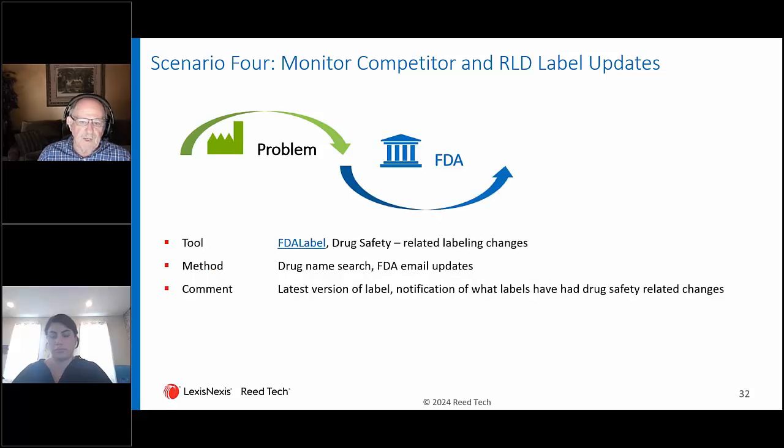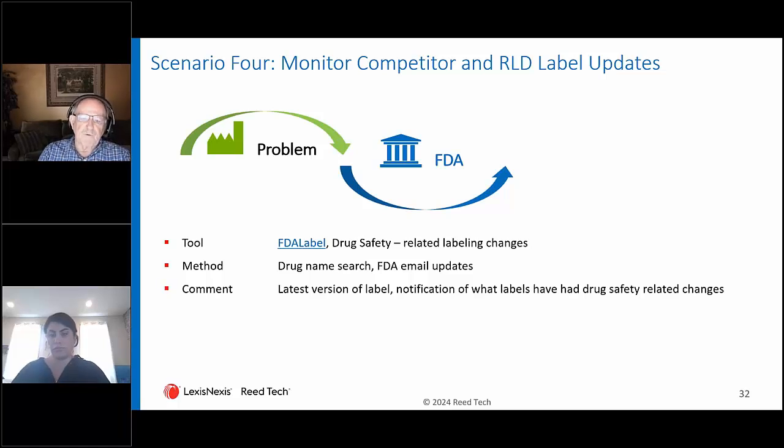So going back to the FDA's tools, FDA's label tool is able to do this, and you're able to search for changes there. DailyMed is also available. The FDA is able to supply updates for a particular drug label under the DailyMed.